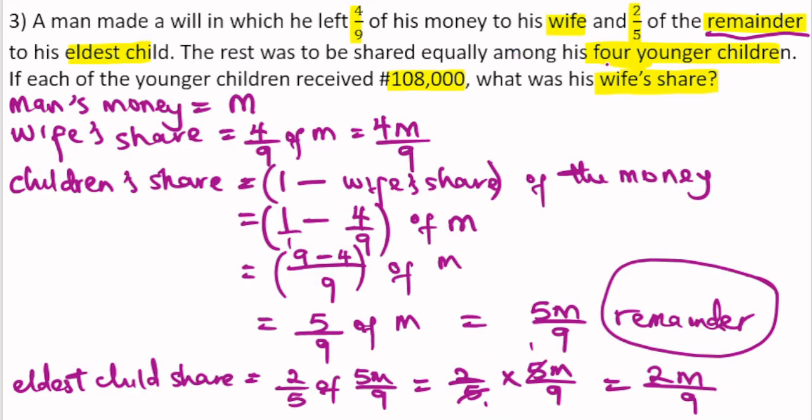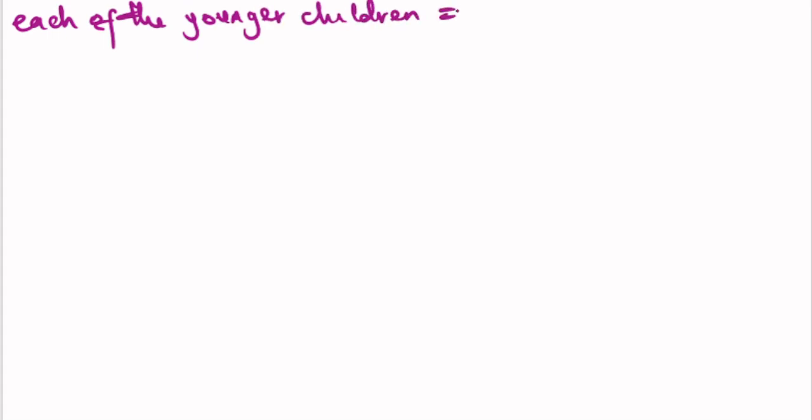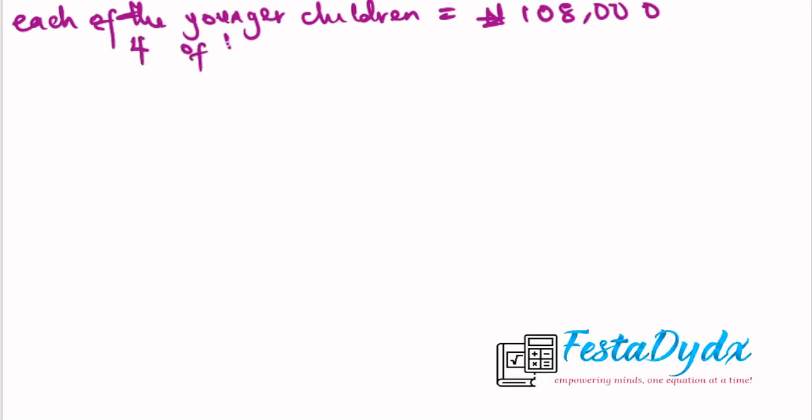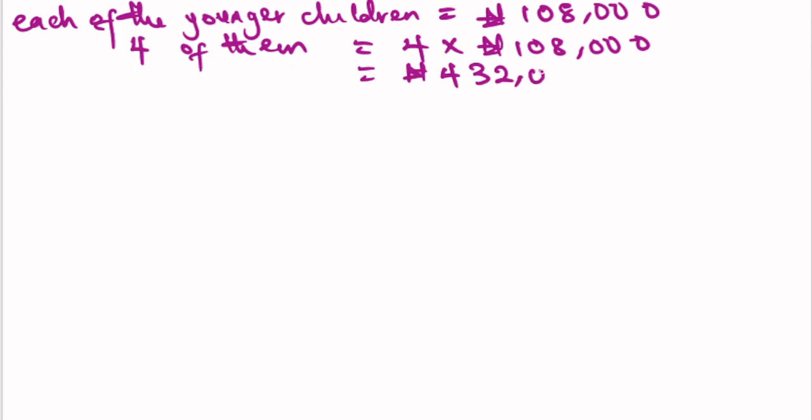The rest was to be shared equally among his 4 younger children. If each of the younger children received 108,000, remember, the younger children are 4 in number, so 4 times each of their money, which is 108,000, gives us 432,000.